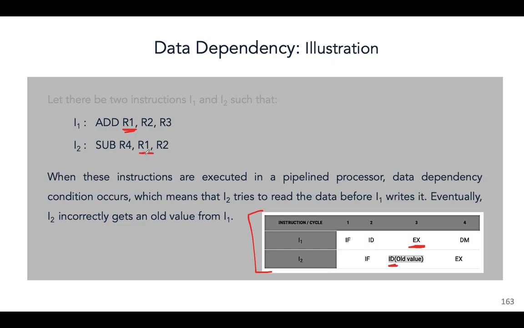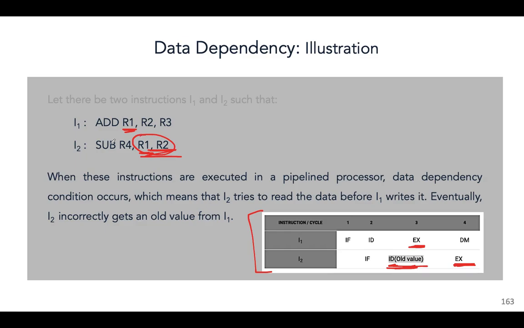It needs R1, but R1 is not yet written, and since they are registers, there will be some kind of garbage value available in the register. So instruction 2 simply takes whatever value it finds in R1, because it has to execute, keeps it, and then starts executing. It executes this operation with whatever old value of R1 it could find, whatever value was present from some previous time, any garbage value.